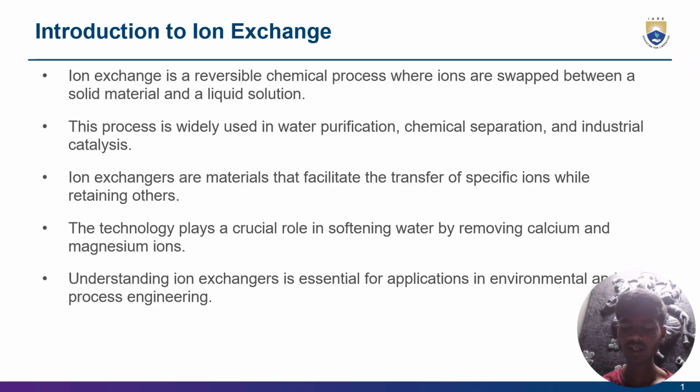This process is mainly used in real life and for domestic purposes, such as water purification, chemical separation, and industrial catalysis. Ion exchangers are materials that facilitate the transfer of specific ions while retaining others. The technology plays a crucial role in softening water by removing calcium and magnesium ions.